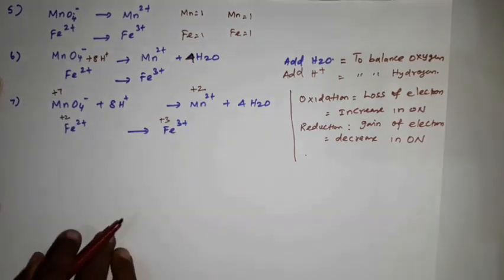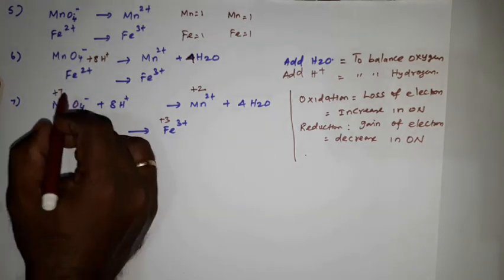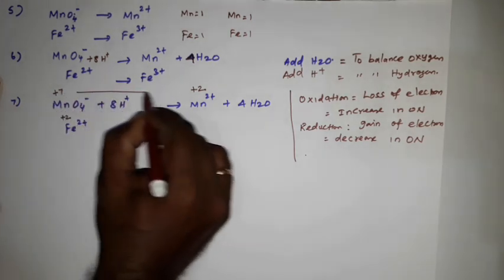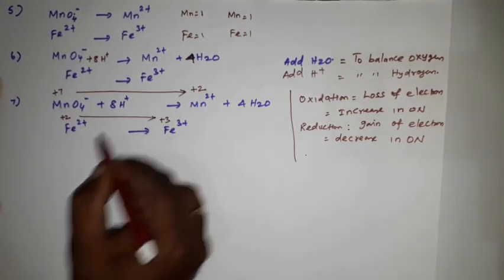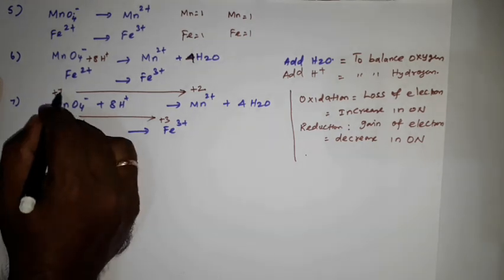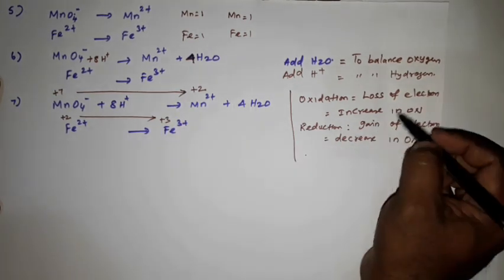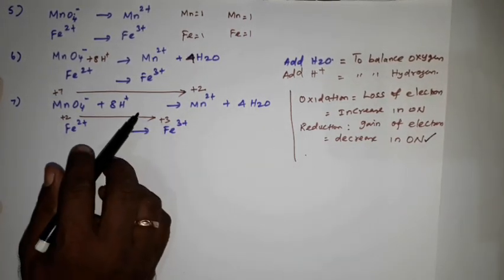These are the oxidation numbers we have calculated. So from +7 to +2, and here +2 to +3. Now check which is oxidized and which is reduced. Here you see the oxidation number decreased, so that is reduction.